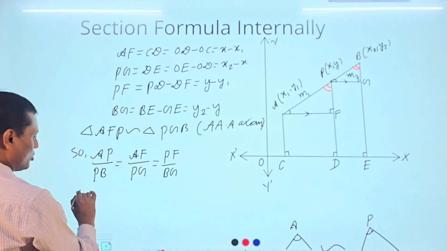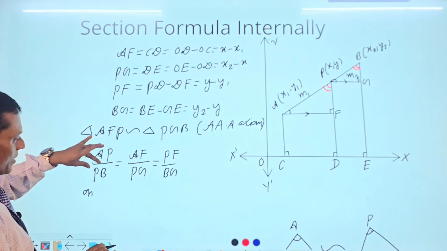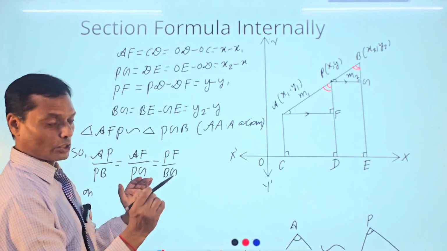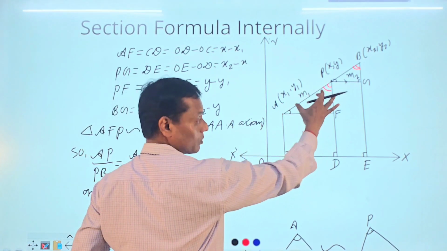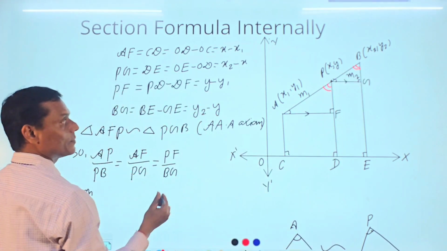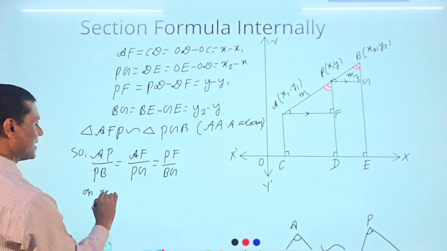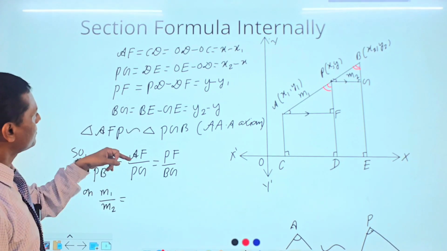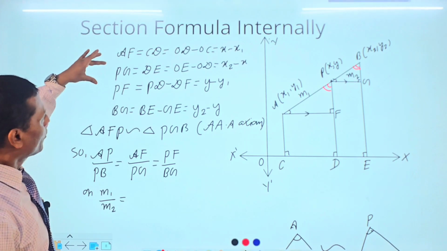Now let's put all the values here. AP by PB, that's the ratio. AP has portion M1, and PB has portion M2. So AP over PB equals M1 over M2 equals AF over PG. What is the value of AF?